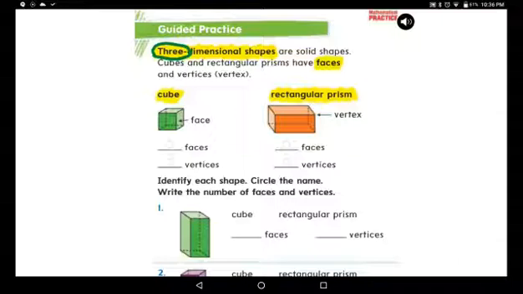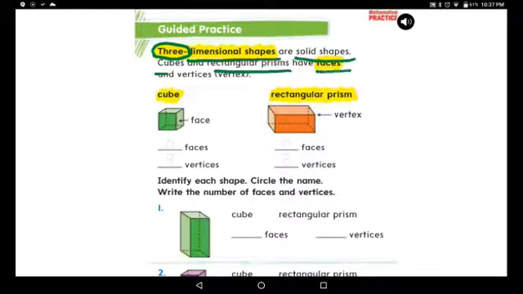If it is just a square, it is a two-dimensional shape. But because we used a lot of squares to make the cube, that means it's a three-dimensional shape. So three-dimensional shapes are solid shapes, like cubes and rectangular prisms.